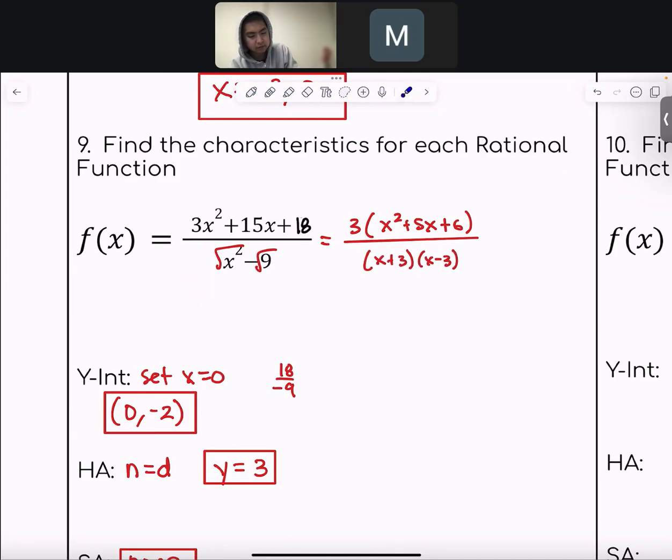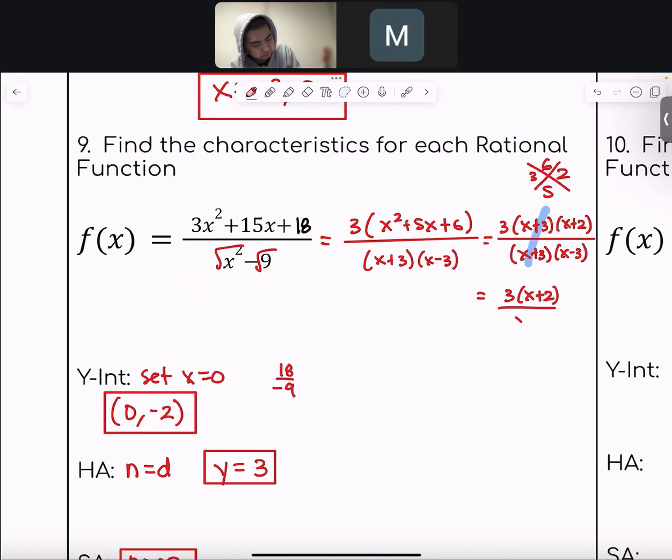Here, you could still factor by doing your GCF, which is 3 and 2. So 3 times x plus 3 times x plus 2 all over x plus 3 and x minus 3. These cancel. So we get 3 times x plus 2 over x minus 3.